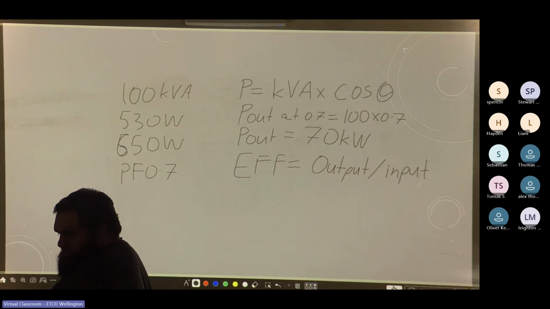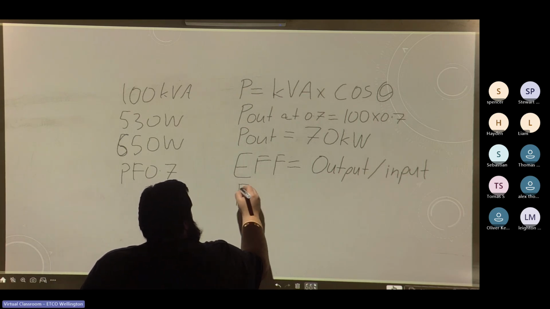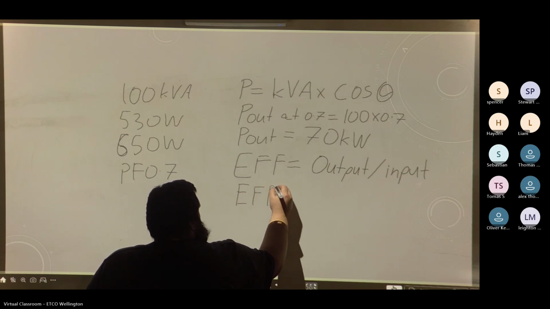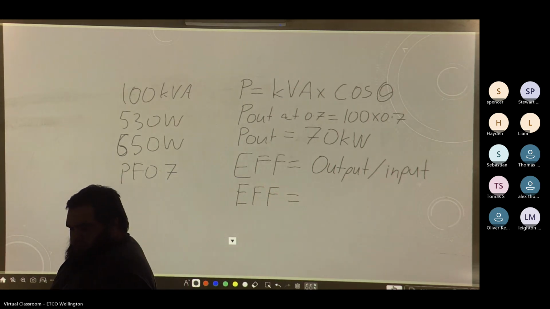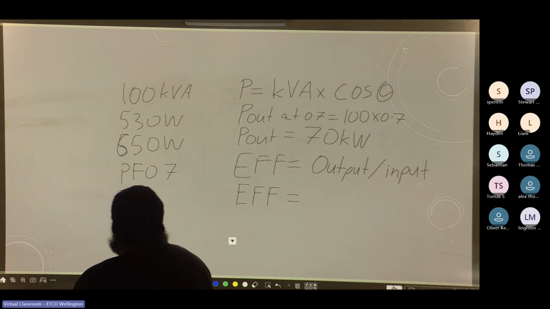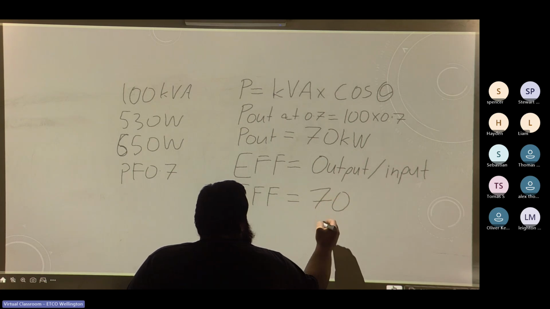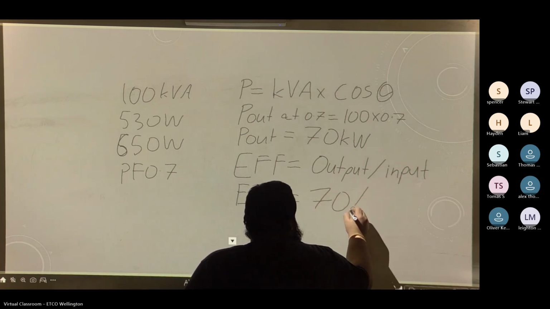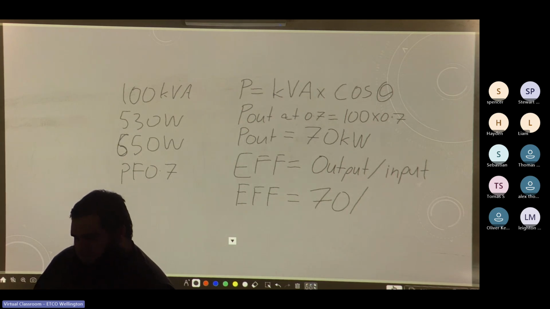So your efficiency is equivalent to 70. So it's output divided by input.